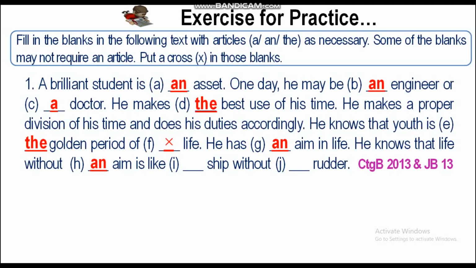Here, blank numbers I and J are the same as blank number C. Article a will be used in the blank numbers I and J. Next question.